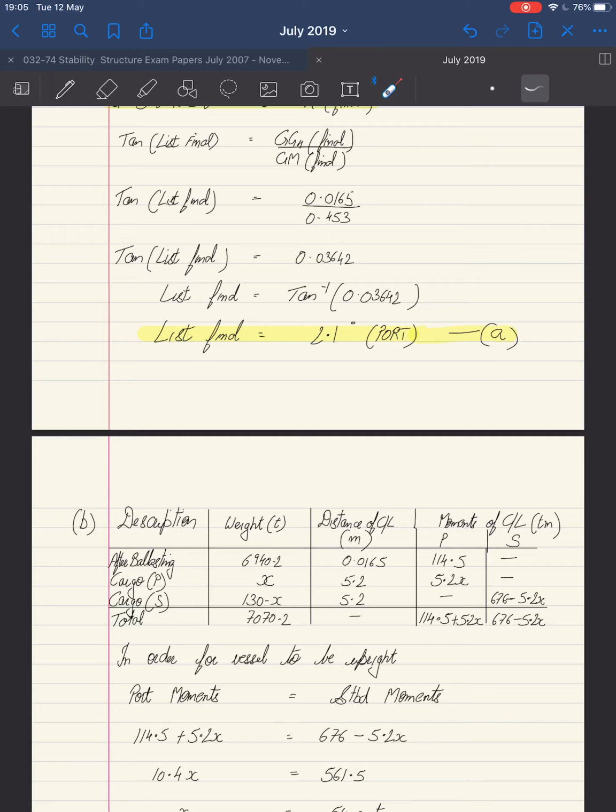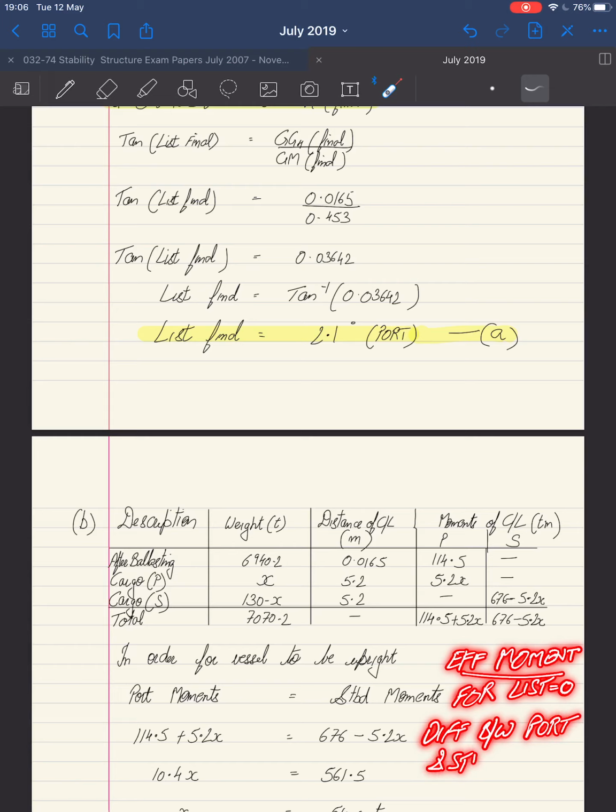Now, in order for the vessel to be upright, it's very important that the effective listing moments for list is equal to 0. Effective moments is nothing but the difference between port and starboard listing moments.